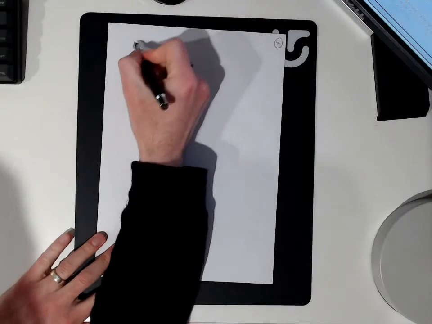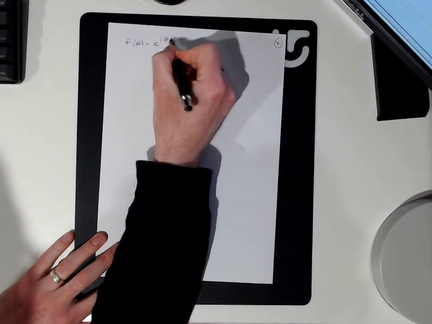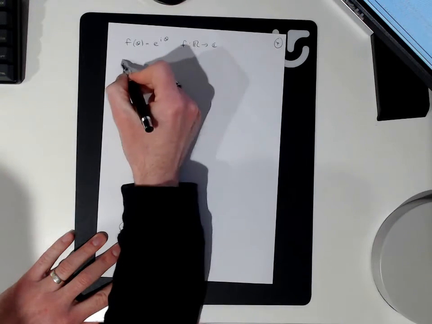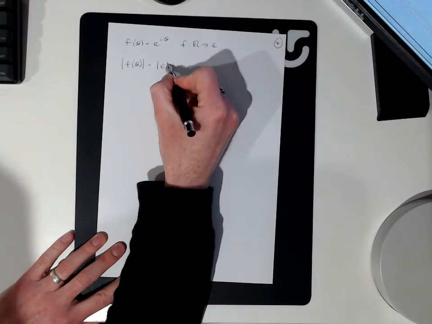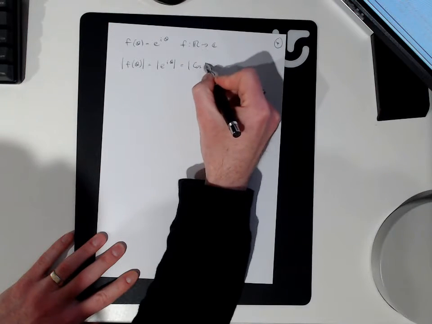Now this is worth knowing about, because this is an interesting idea. f(θ) equals e^(iθ). This takes the real numbers into the complex numbers, and we can ask what the modulus of f(θ) is. Now, this is the modulus of e^(iθ), and I implied this before but didn't prove it.